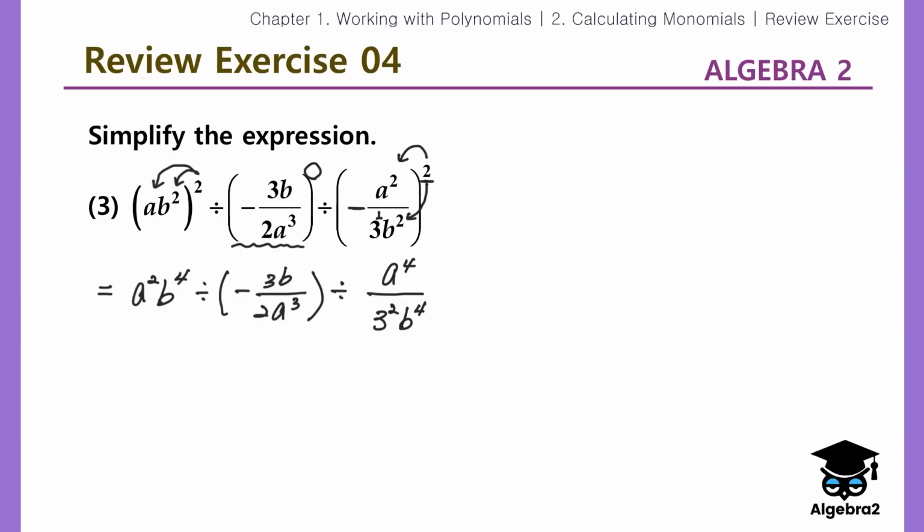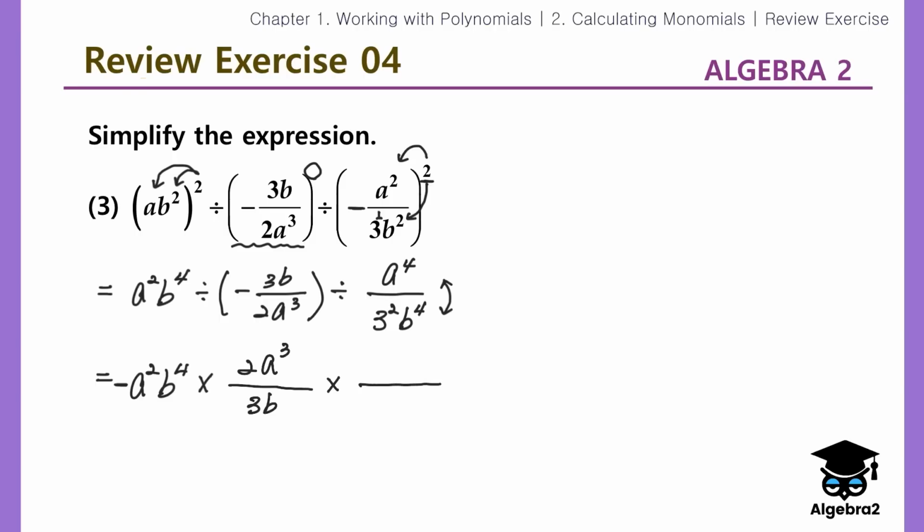So let's convert those divisions to multiplications. So a squared, b to the 4 multiplied by, we have negative. Let me put negative right here, okay? So we're going to switch this numerator and denominator, and that's going to be 2a cubed in the numerator, 3b in the denominator, times, switch these two again.